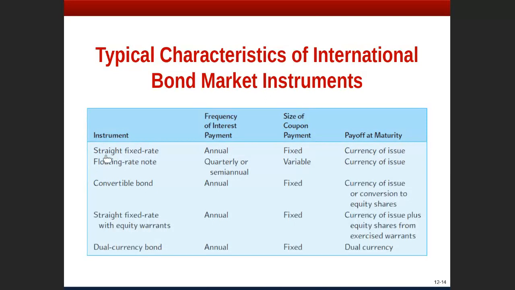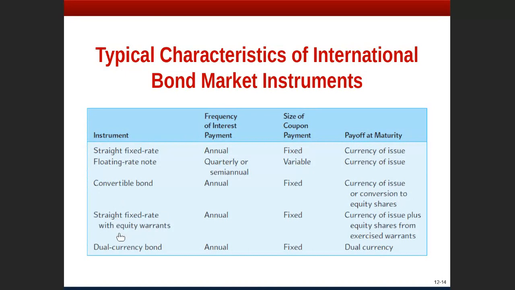You have a straight fixed rate bond. The frequency of interest payments is usually annual. The size of the coupon payment is fixed. Okay. Payoff at maturity is in the currency of issue, and that's how you can interpret the remaining bonds here, right?